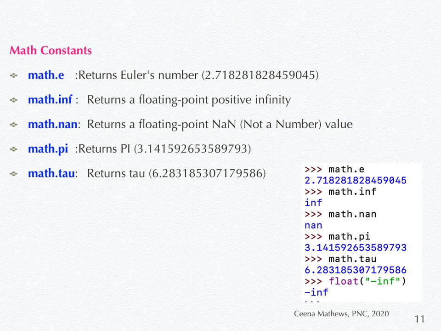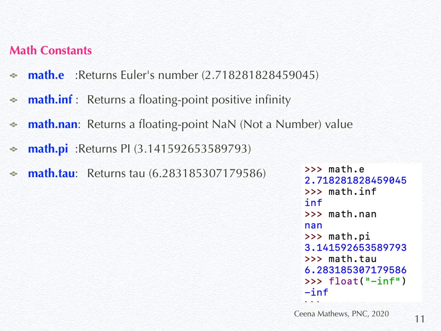Okay. And next is math.nan, which returns a floating point not a number value. And next is math.pi. It returns the pi value, that is 3.14, etc. Next is math.tau. It returns the tau value, that is 6.283, etc.